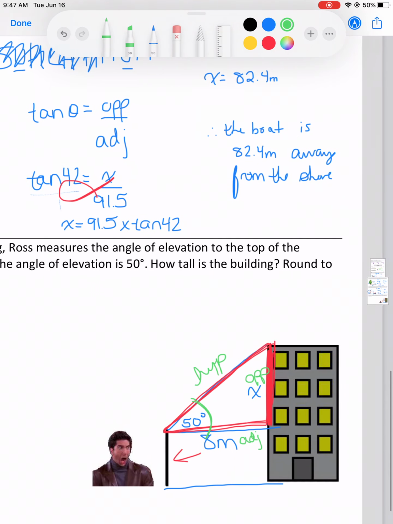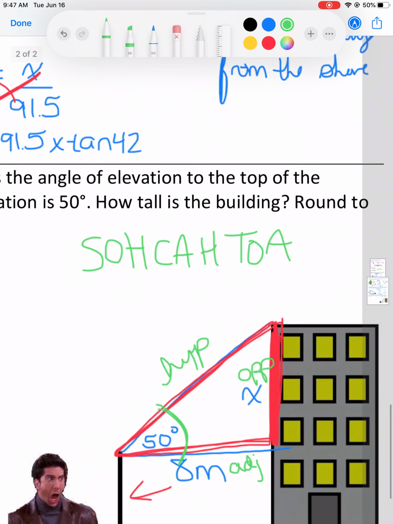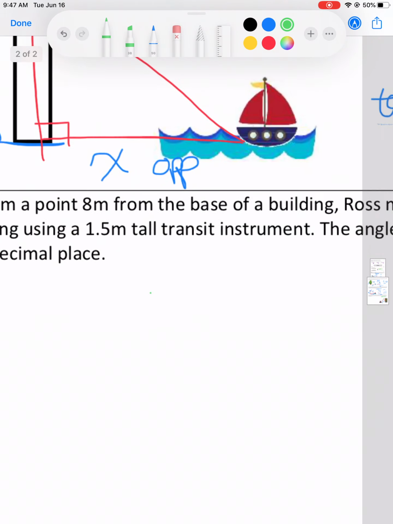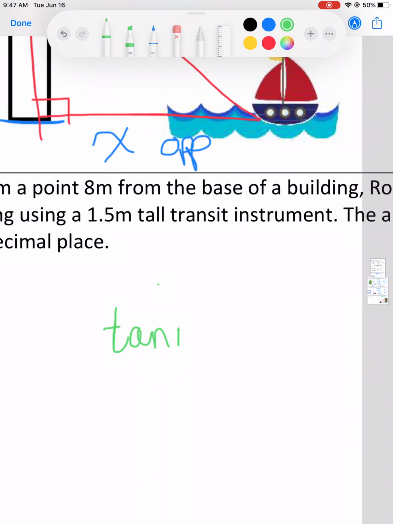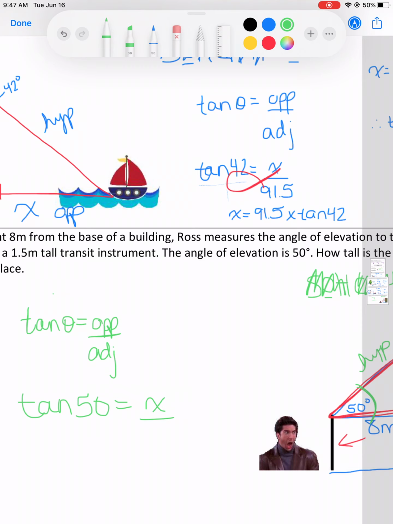So how do I know it's tan? Okay, I need my opposite. And I have my adjacent. Okay, so tan 50 degrees is equal to opposite over adjacent.